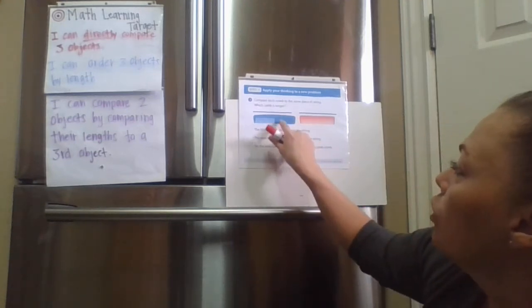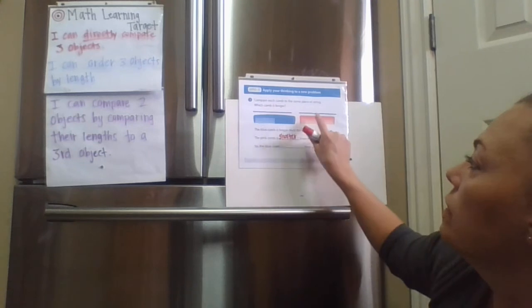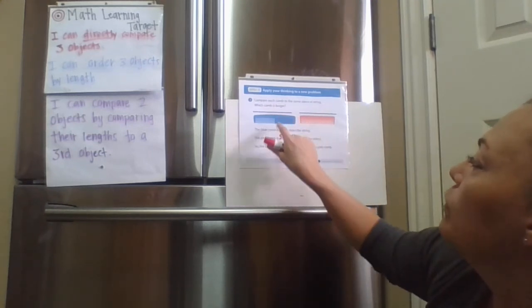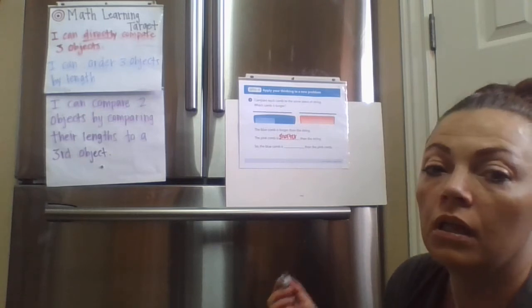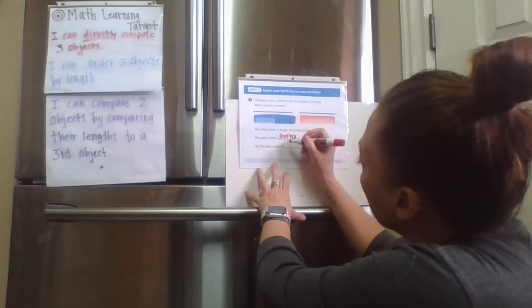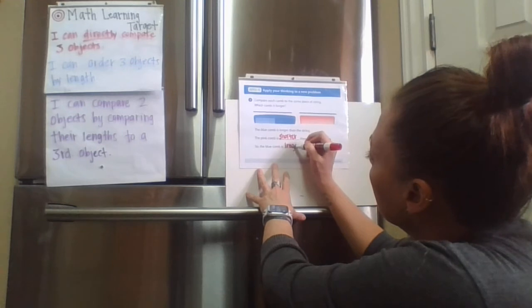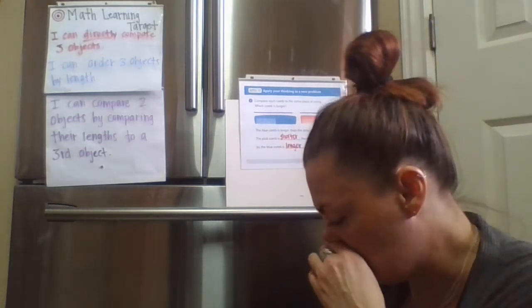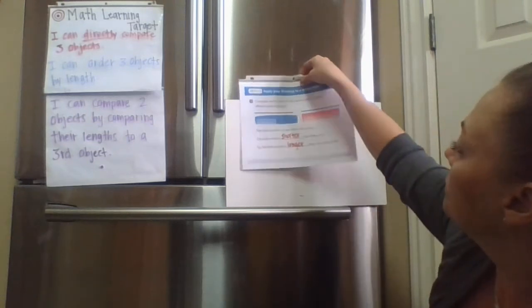Well, we know that the blue comb is longer than the string, and the pink comb is shorter than the string. So that would mean that the blue comb has to be longer than the pink comb. Okay, you're going to have some of these in your schoolwork, so that's why I'm going through them.